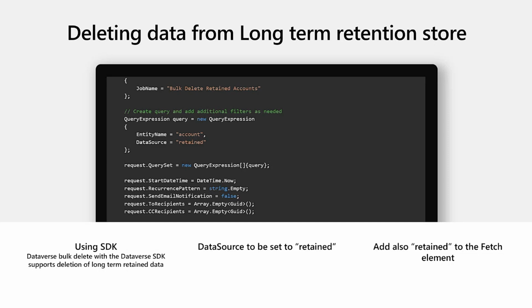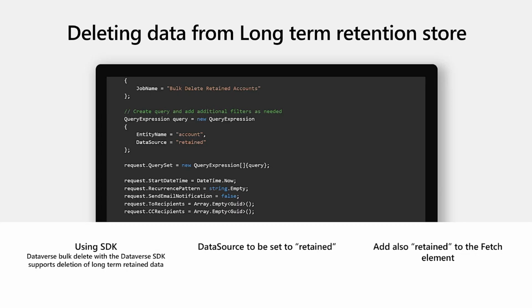On the example given, which we have published on Learn Docs as well, as there were so many queries around this, this is a simple example where the data source is retained, and it is looking at all the accounts within the retained store. It doesn't have a condition added to it.